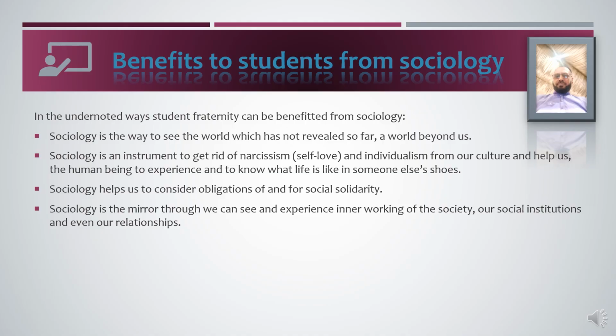Now, it is said that sociology is a mirror in which we can see the inner working of the society, which is apparently not visible to our eyes. Our social institutions like family, school, college, universities, peers, classmates, government, religious institutions, workplace.